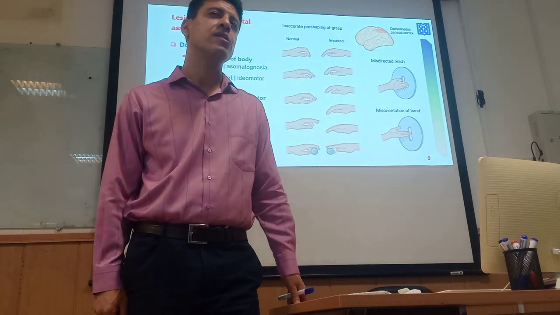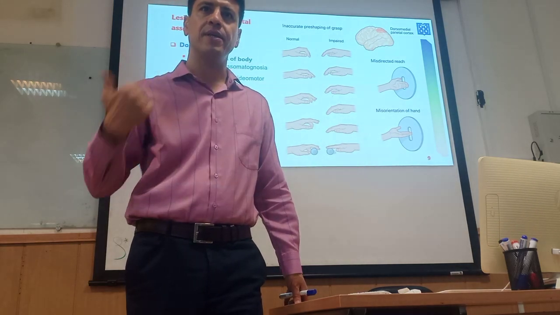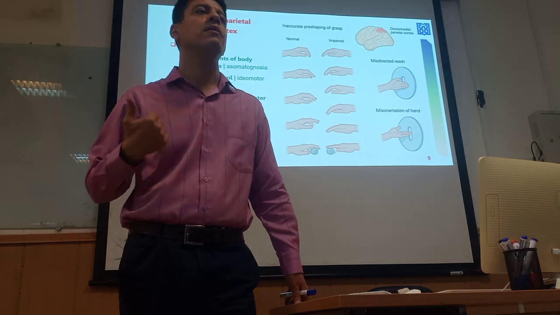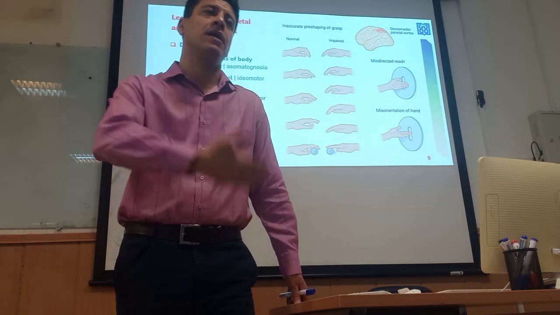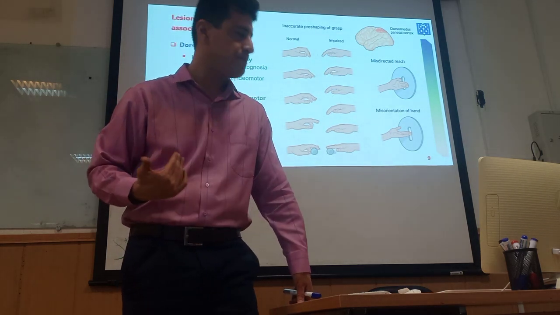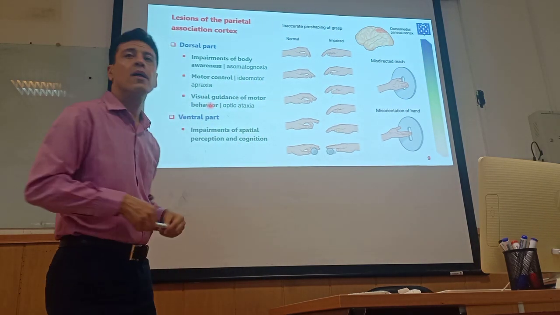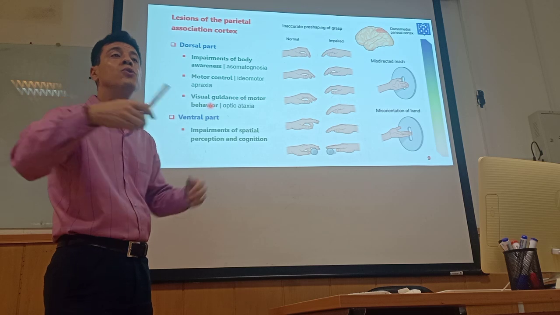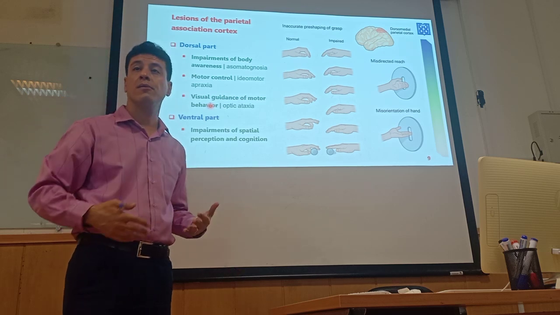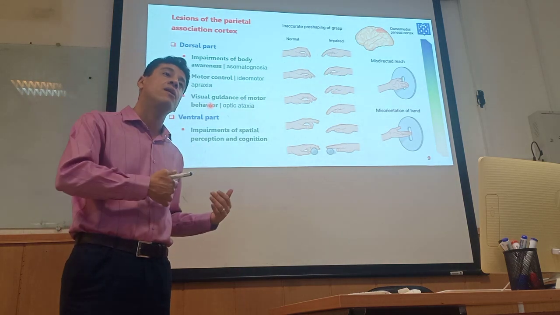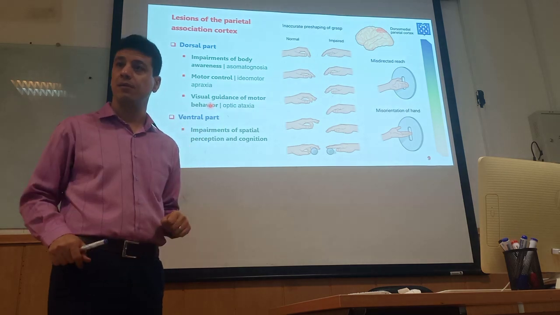So the patient usually is not aware of the left side of the body. So he or she ignores the left side. So we call this asomatognosia. The patient forgets to use this side of the body, so motor actions on the left side are depressed or lost.